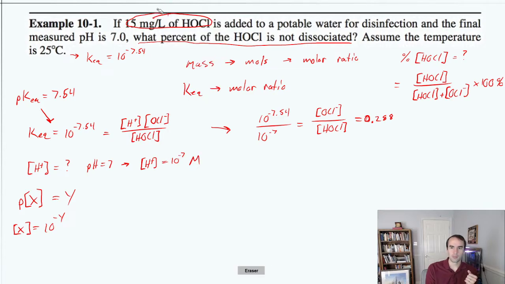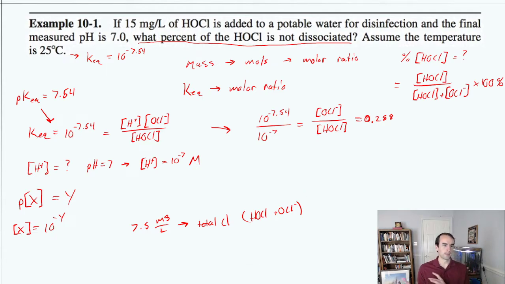And it's going to be in one of the two forms. So the 7.5 milligrams per liter goes to total chlorine, and that would be in the form of HOCl and OCl minus. And of course, since it's in milligrams per liter, we would need to convert that into moles per liter to get the ratio proper.